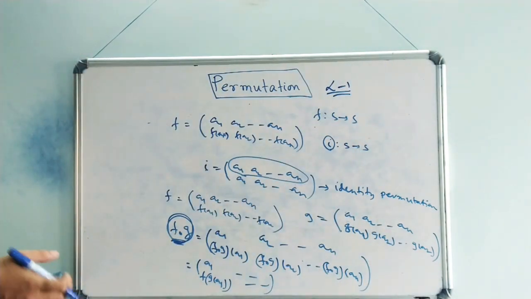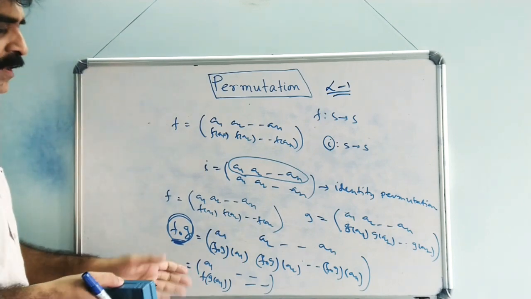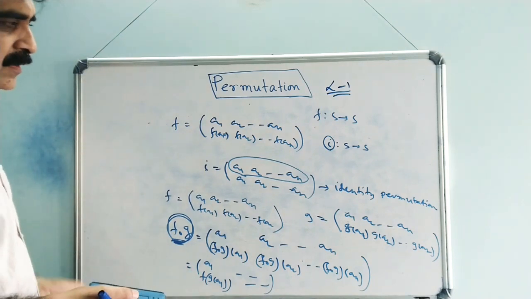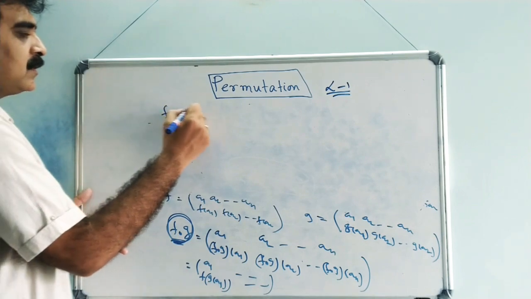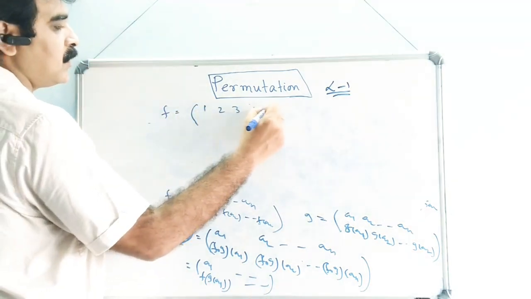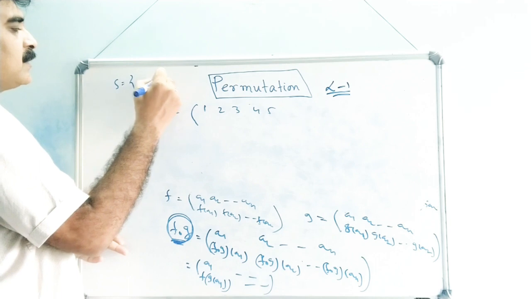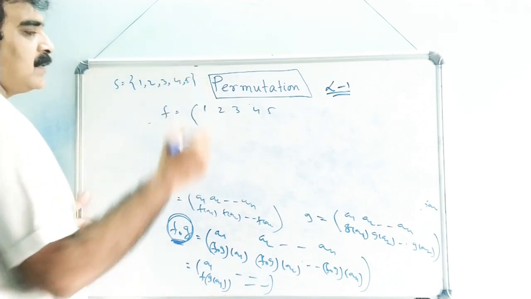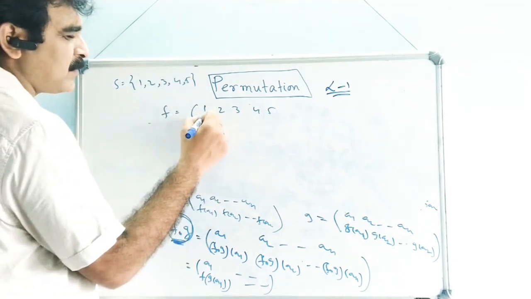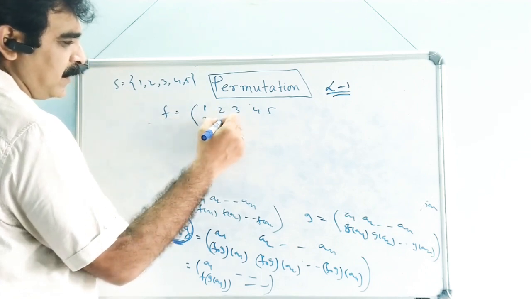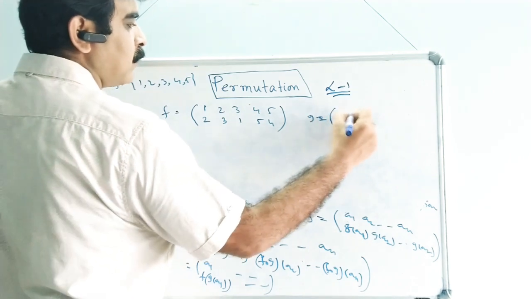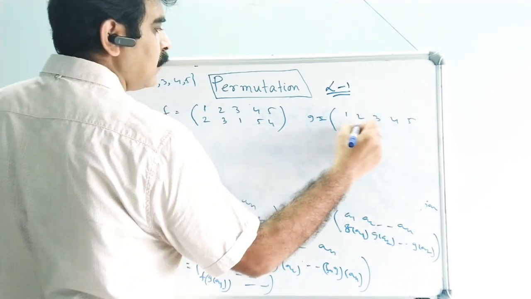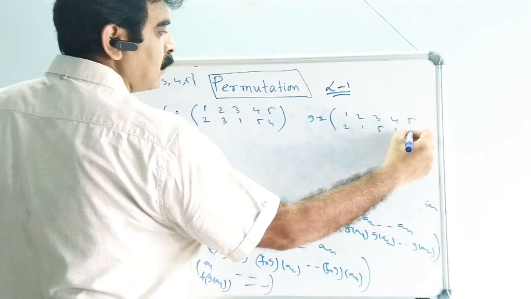Now let us see how we can find this composition in a simple way. Just look at these permutations. Suppose 1, 2, 3, 4, 5 is the set S, which contains these 5 elements. One such permutation, F, is taken as this, and G is another permutation: 1, 2, 3, 4, 5 over 2, 1, 5, 4, 3.